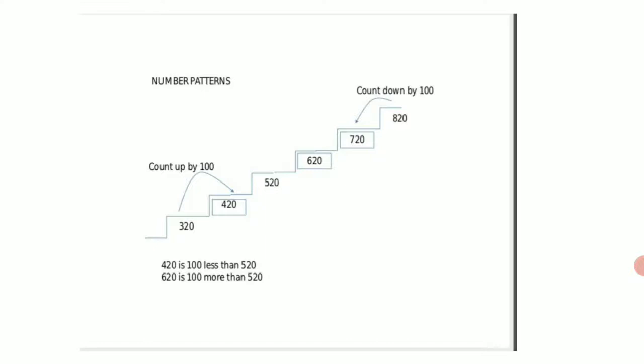And in this manner it goes on. Here 420 is 100 less than 520, and 620 is 100 more than 520. Means from 520 if you go one step up, then it is 100 more. From 520 if you come one step down, then it is 100 less.